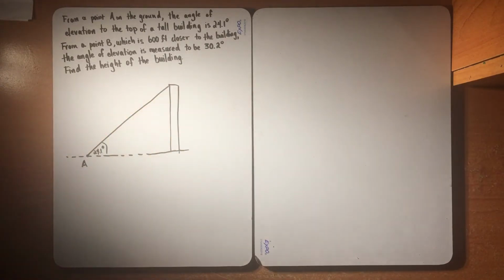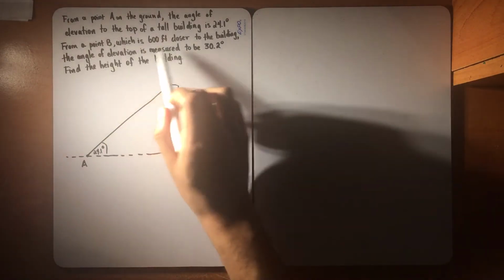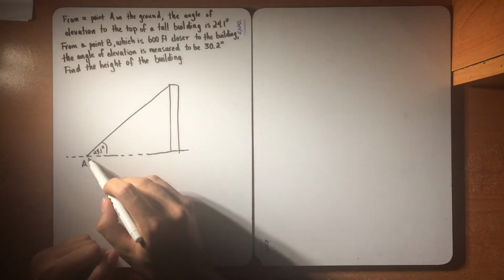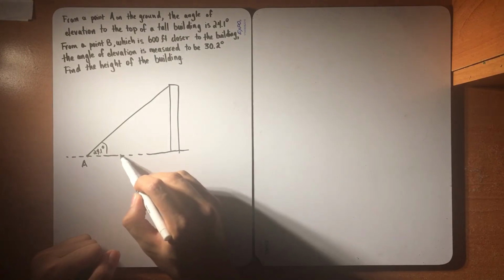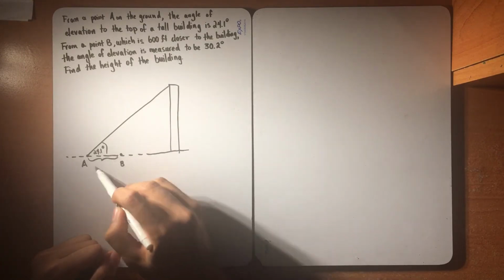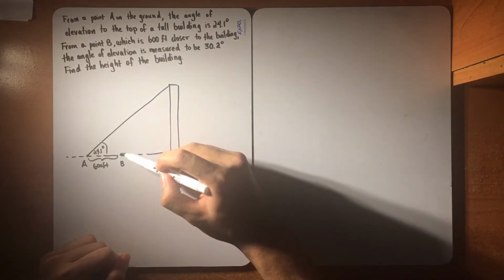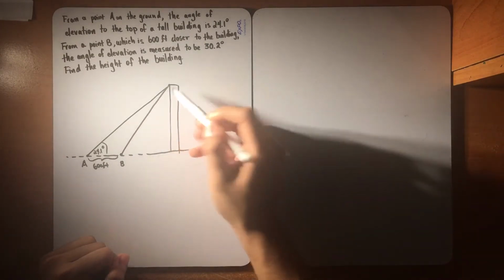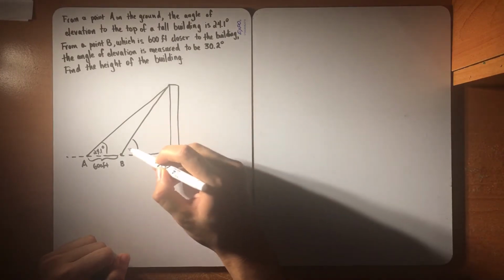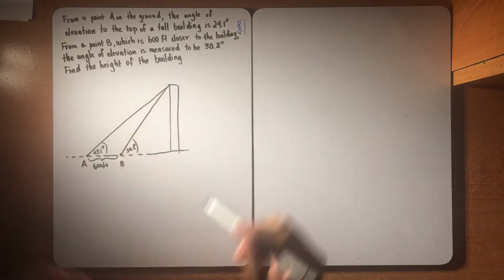And in the second sentence it says we have a point B which is 600 feet closer to the building. So if this is point A, point B will be somewhere closer to the building, and it's 600 feet closer than A is. And the angle made between B and the top of the building is 30.2 degrees. So far, this is what we have.